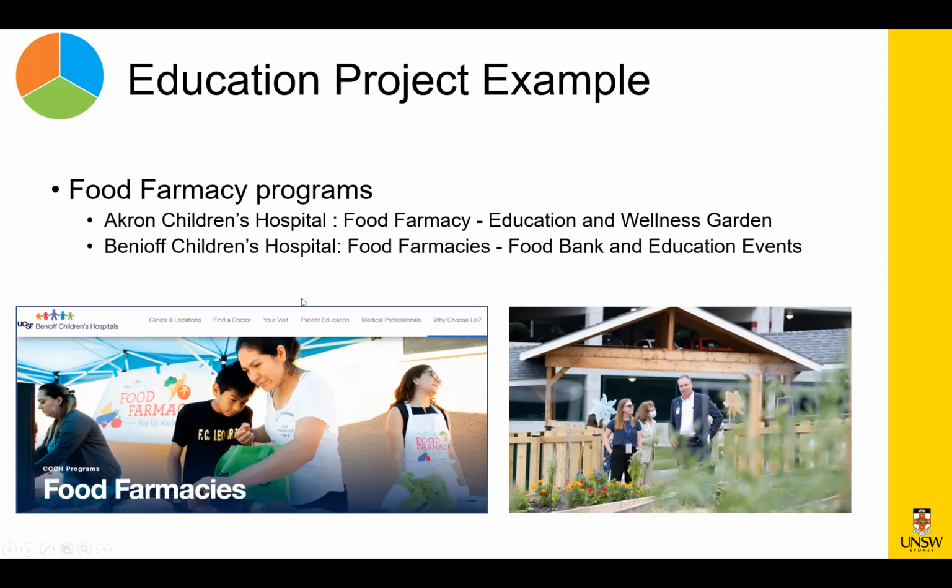And the idea of this is to get the children, because these are children's hospitals, actually involved in what you might call food as medicine. So food pharmacies. They're actually getting their hands dirty where they can, and learning about what sort of food they can grow for good nutrition.